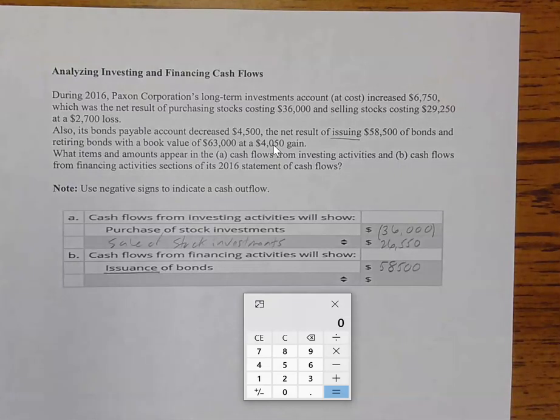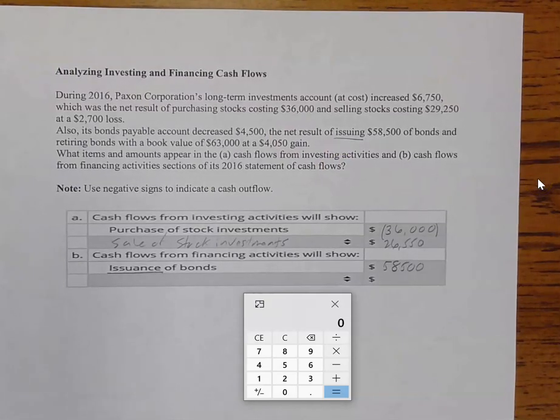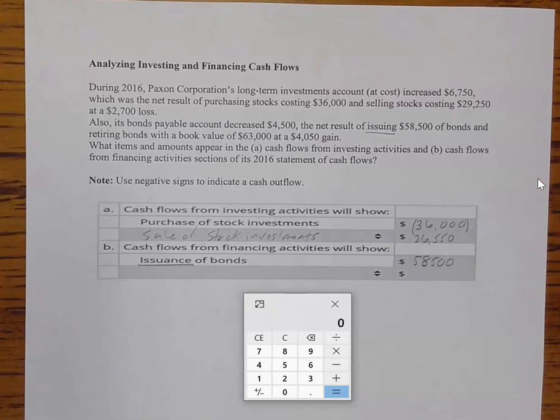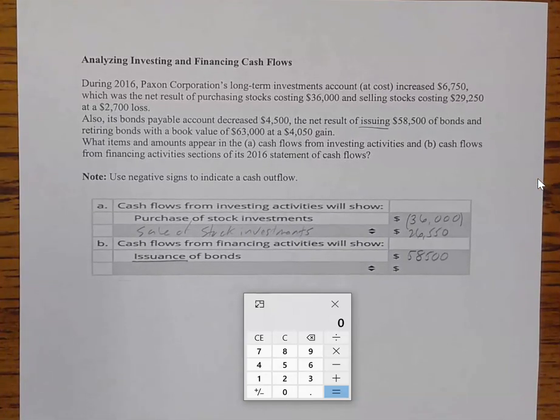Okay? Now, this is pretty heady stuff for our level of accounting, but how do we calculate a gain or loss on the redemption of a bond? Well, we take the book value, and there's a whole lot that goes into this book value, and that is for another video.